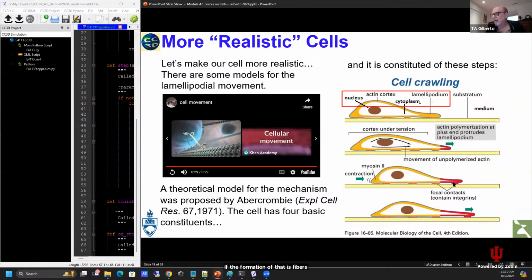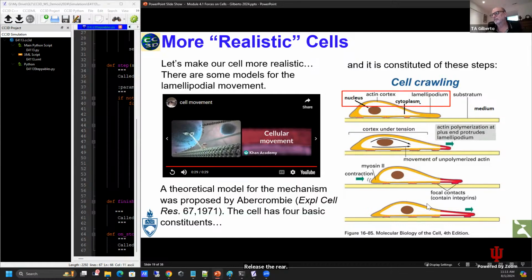This protrusion sticks to the substrate, forming focal contacts, integrin-mediated contacts. After it sticks the front part, it releases the rear part and contracts it, and the cell moves to the right, and things continue. So this is the cycle. Protrudes, sticks, releases the rear, and advances.